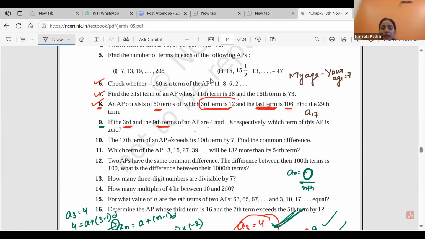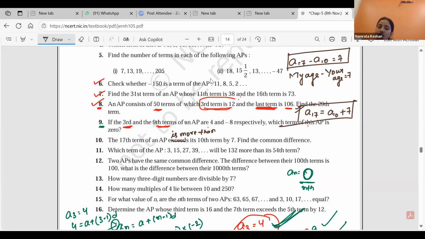Exceeds can be taken as is more than. Okay. More than 7. So 10th term plus 7, this way you can write it. Or maybe you can write A17 minus A10 is 7. Both are the same thing. Either you write the first one or the second one. Getting it?